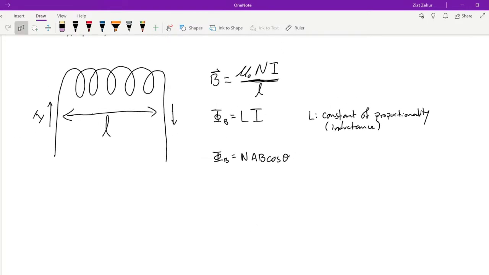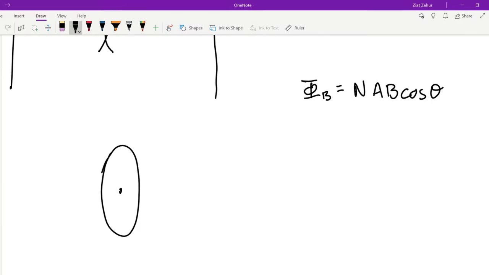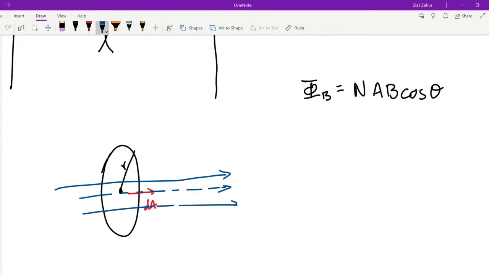Recall that if I had a single loop of radius r, of course our dA vector would be that way. And let's assume that our magnetic field is also in the same direction, like so.